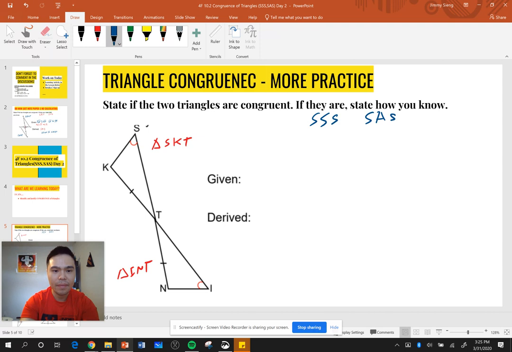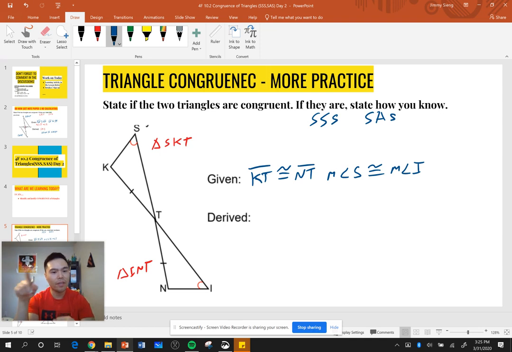So what's given? Well, line KT is congruent to NT. And other than that, I guess I can see that measure angle S is congruent to measure angle I because of those arcs, right, that I talked about.